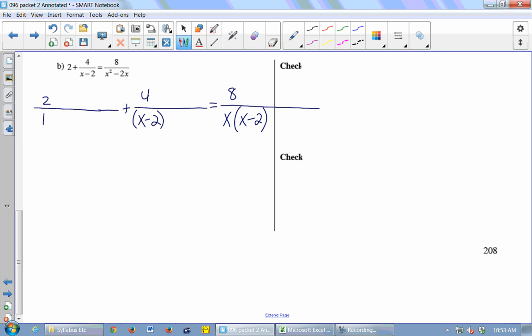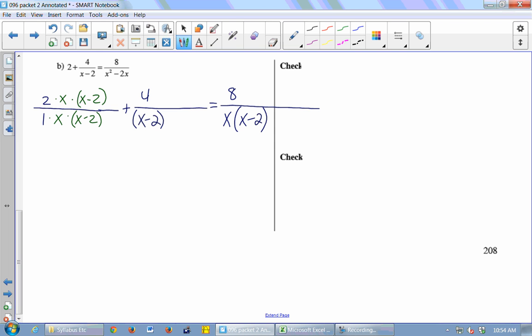So my first fraction, are there any factors in the denominators of the second two fractions that the first one doesn't have? Yeah. X and x minus 2 are missing. So I'm going to multiply this one by x over x and by x minus 2 over x minus 2. So again, this is a second step. I'm writing it in the same line so that you can see that it's another step.